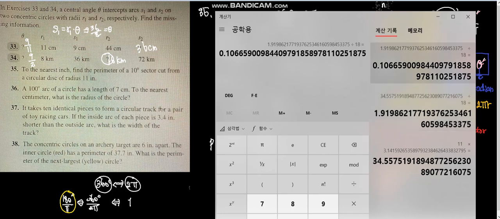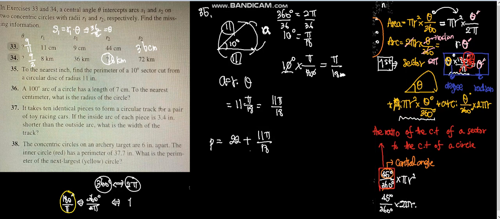So 22 plus 1.919 is 23.919, approximately 24 inches. Okay, so this is it. Be aware that I keep using this formula, r times theta, and the radian conversion here as well.